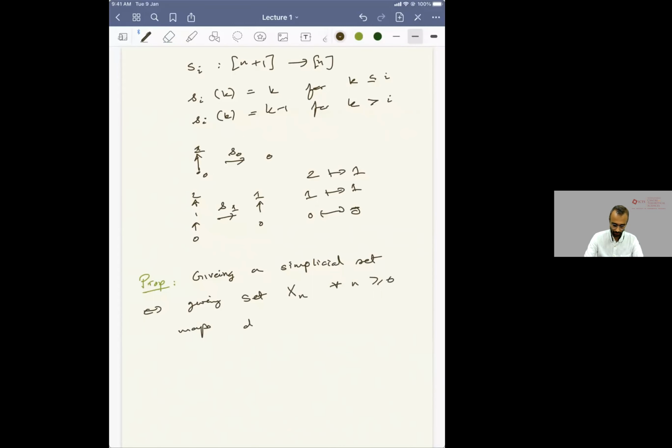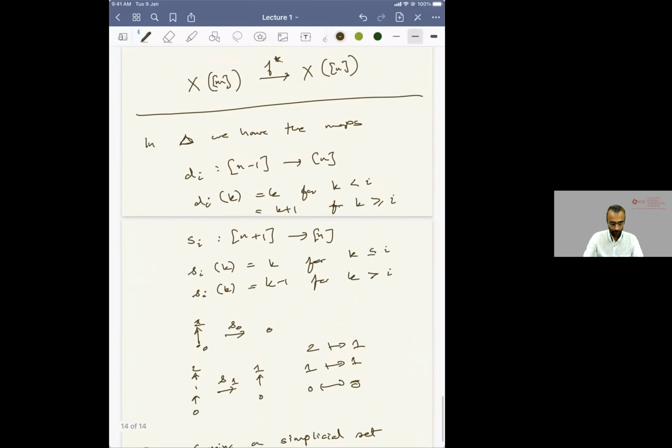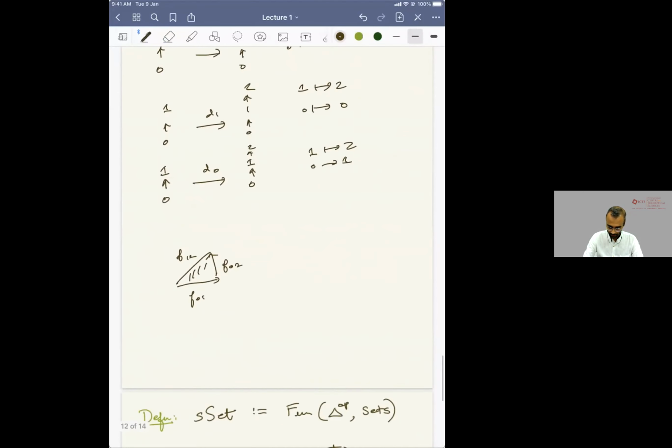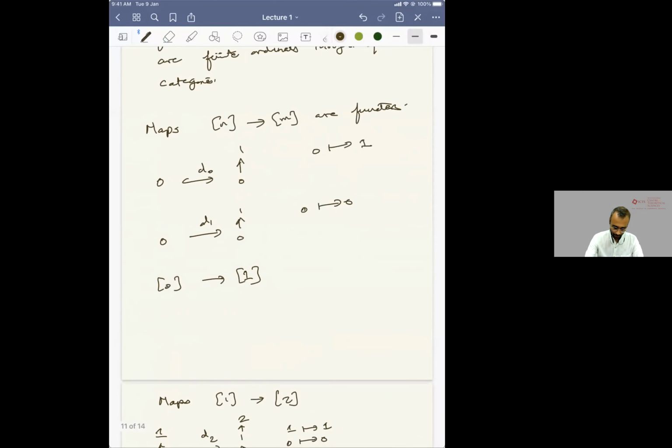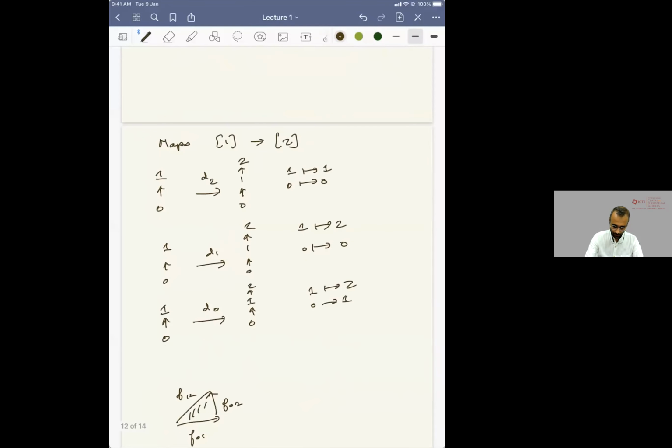I should have called those d upper i probably. Let's call these boundary i from xn to xn minus 1. I apologize, I guess I used it too many times. Let's call these d1, d0, and so on.